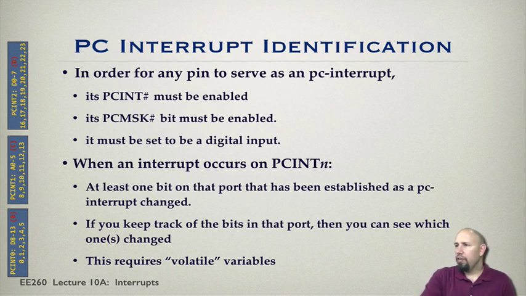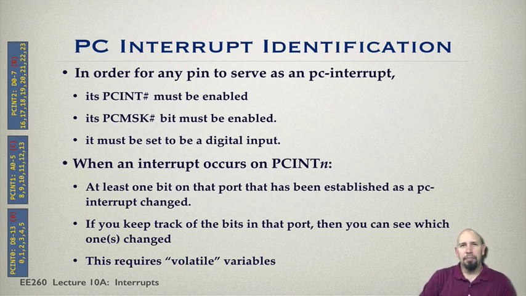So if you keep track of the bits in that port, then you can see which one has changed. Okay, so in order to keep track of the bits in that port, this requires volatile variables.